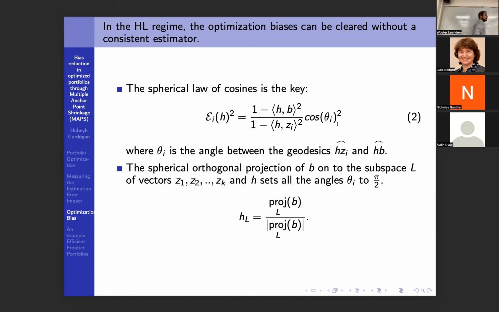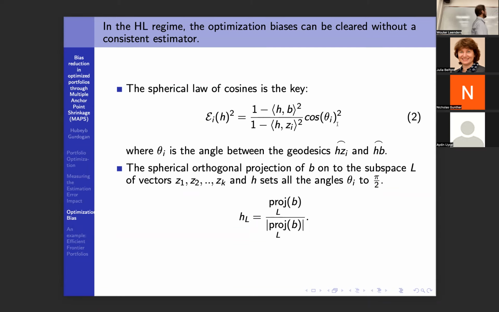So if I were doing this on R^p, not on the sphere, just projecting onto the linear subspace without normalizing back to the sphere, that would be true by the Hilbert projection theorem.